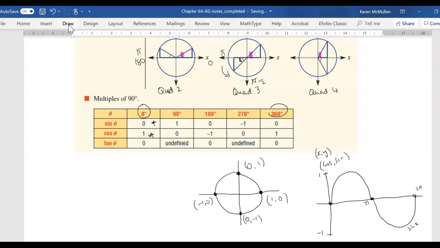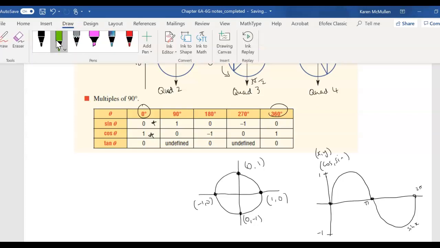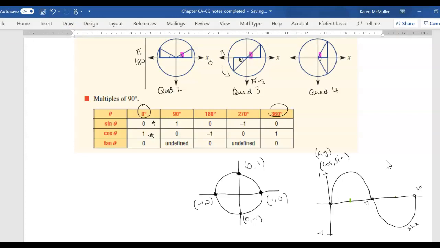I'm also going to sketch this cos graph, even though we're not really doing any graphing here, but sometimes it's easier to understand what is happening in the unit circle if we actually graph it. The cos graph starts at 1, and at 90 degrees or pi on 2, it's at 0. Then it goes down to -1 at pi, and goes back up.